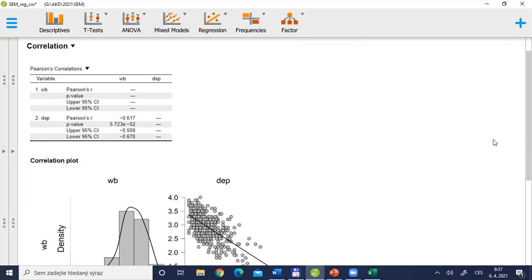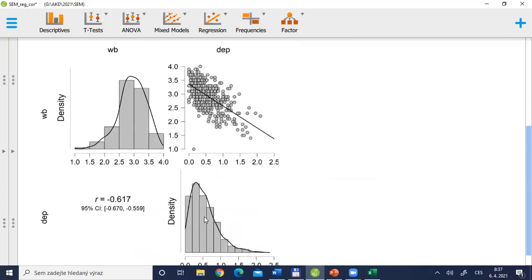If you would like to see graphically our results, you can see histograms for well-being and depression. And also you can see our correlation plot here, and there is also an imposed line, which is describing this negative relationship.